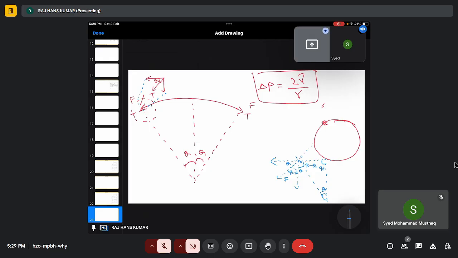Because if I extend this one, this is how they look. Now we know how this theta came. Now this will be my T cos theta, and this downward will be my T sine theta. And the same goes for here.